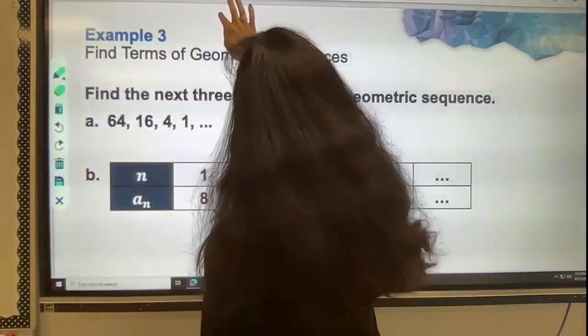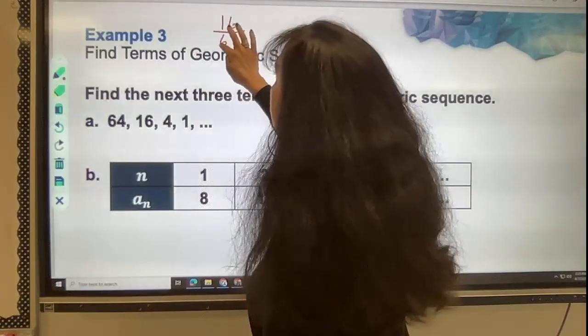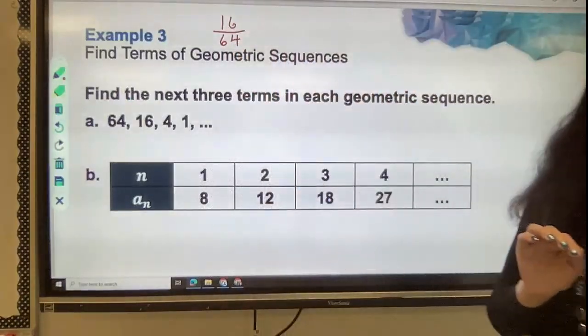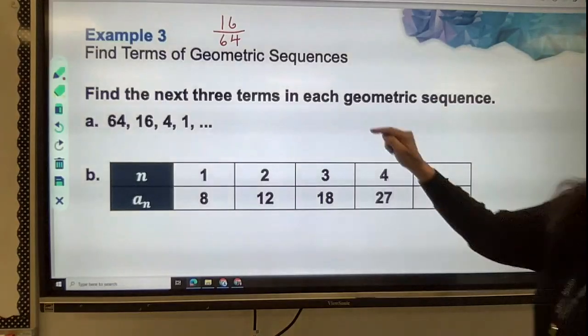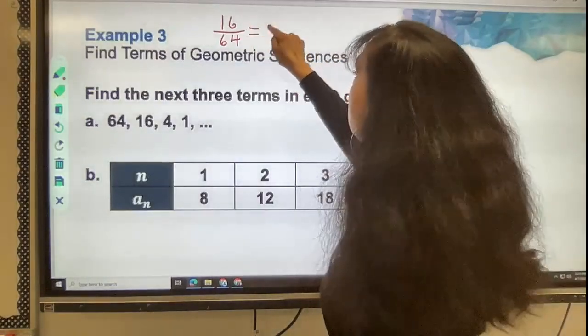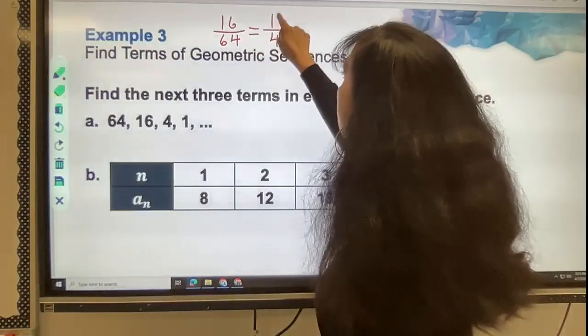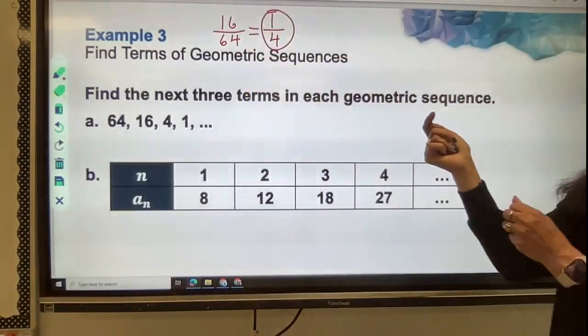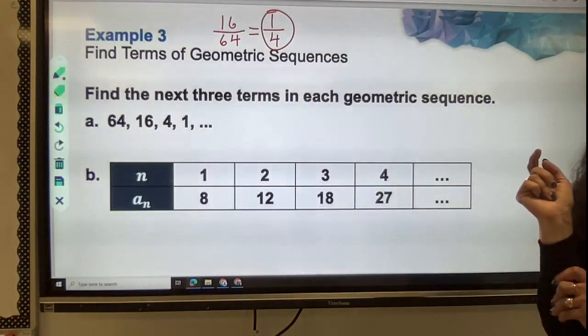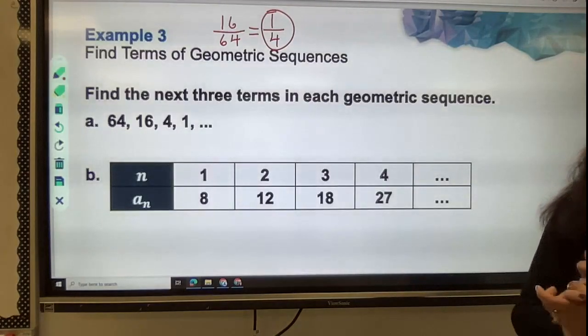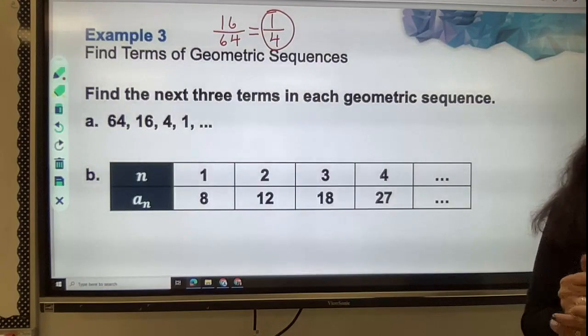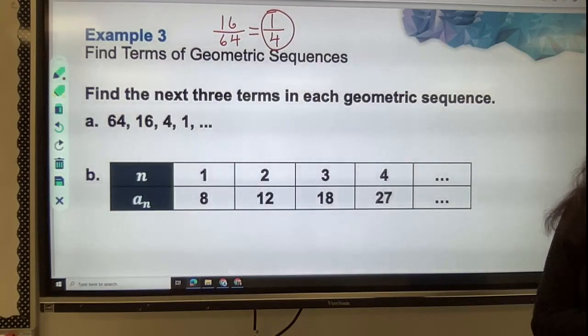So if I divide 16 by 64, okay, I'm going to get 4 times 16 is 64. So my common ratio here is 1/4. That means that's what I'm multiplying with to get 16, because 64 times 1/4 gives me 16.